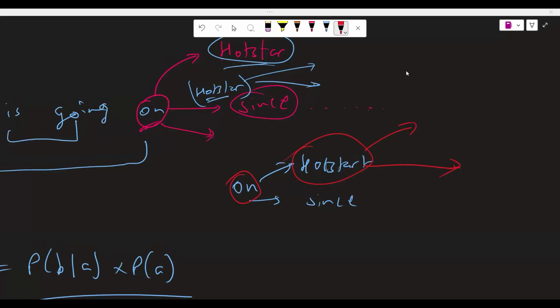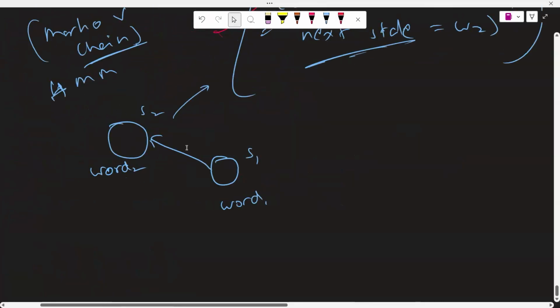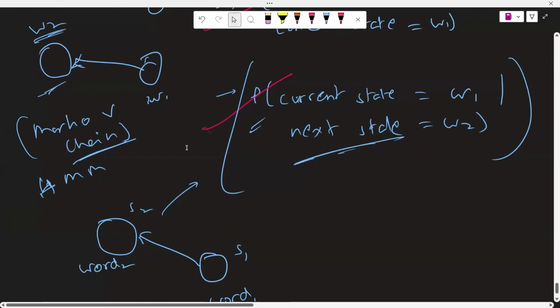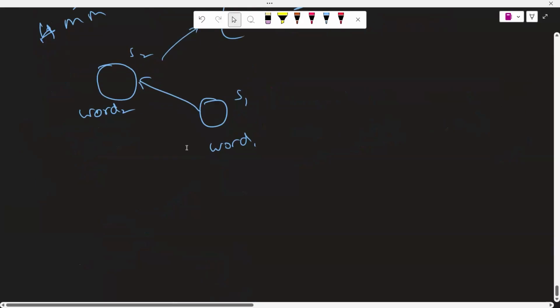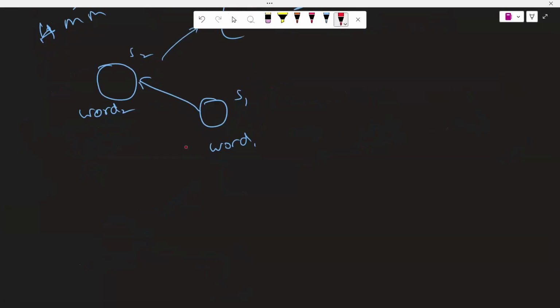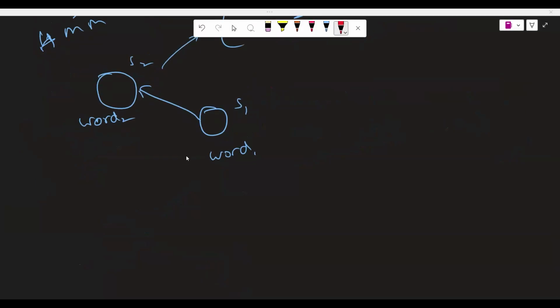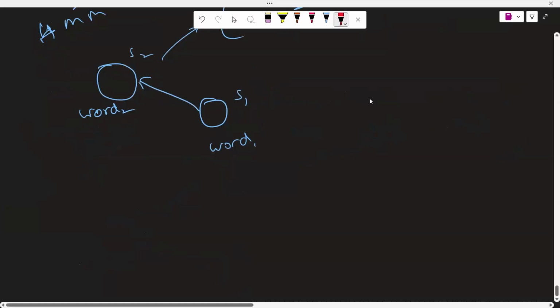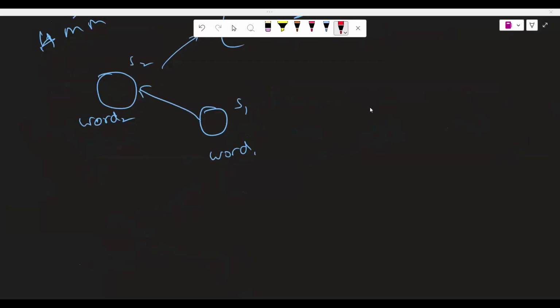Okay, so over here, I'll go a little more specific into the algorithm. You find out the probability of the current state given the next state, and you find this out for all the consecutive words which are yet to be typed. Once you have found all the probabilities, you see what the possible next words could be.